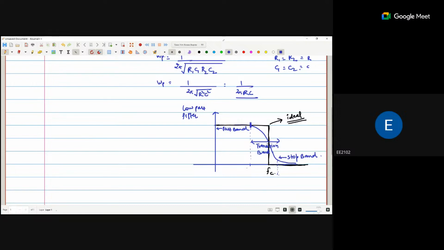Either we define the cutoff frequency at the edge of one band, or at the edge of the other, or we can define any cutoff frequency within the transition band.